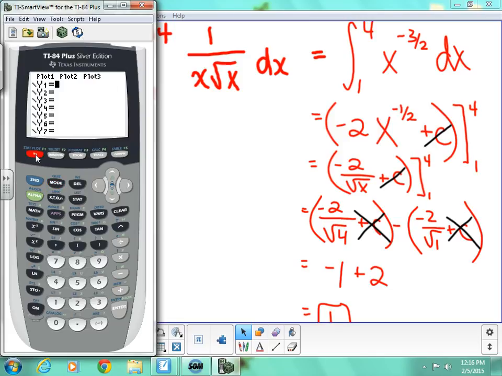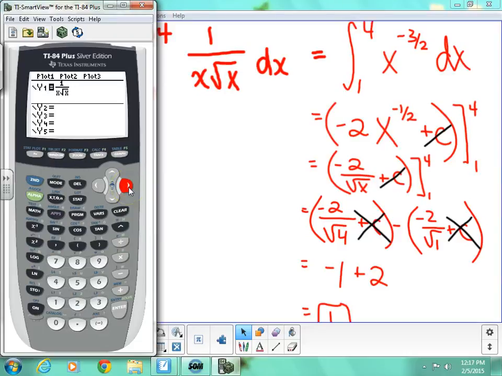If you're super cool, put it in your actual graph. You can do that. Heck to the yes. You can make a cool fraction because we can do that now. You can do 1 over x root x. Oh, come on, you don't need the cool fraction button. Alpha y equals, nd means fraction, hit enter. But come on, you don't need that, right?